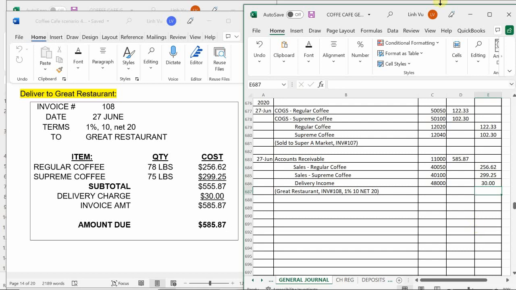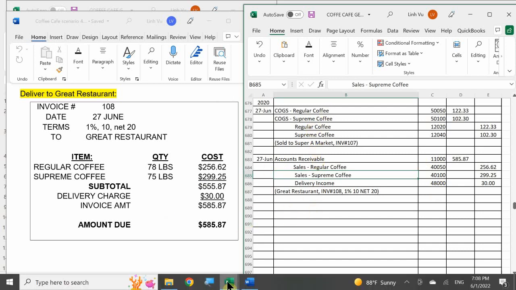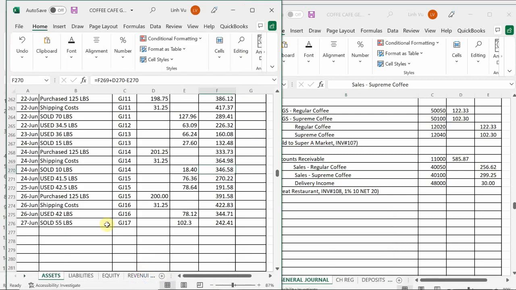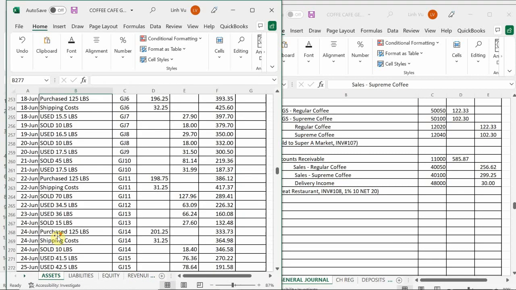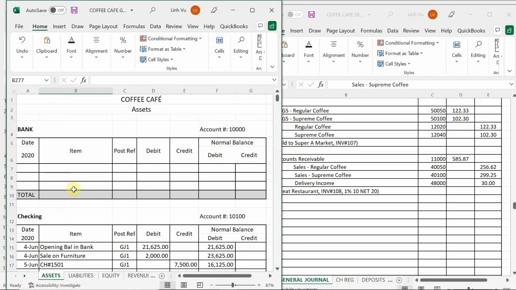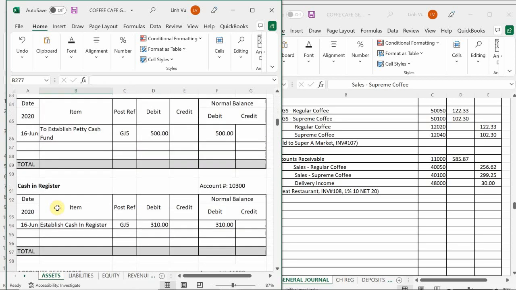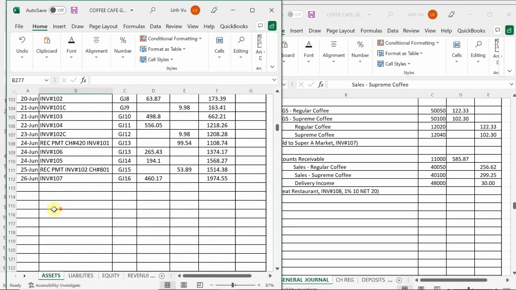Good. Now that we finished this journal, we need to update our ledger, because now we have more money owed to us. So we have an accounts receivable. Here we are. It's the 27th, and this is for invoice number 108.